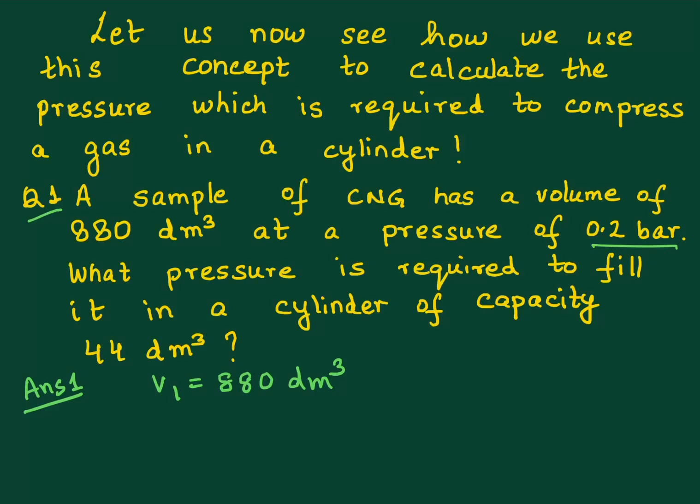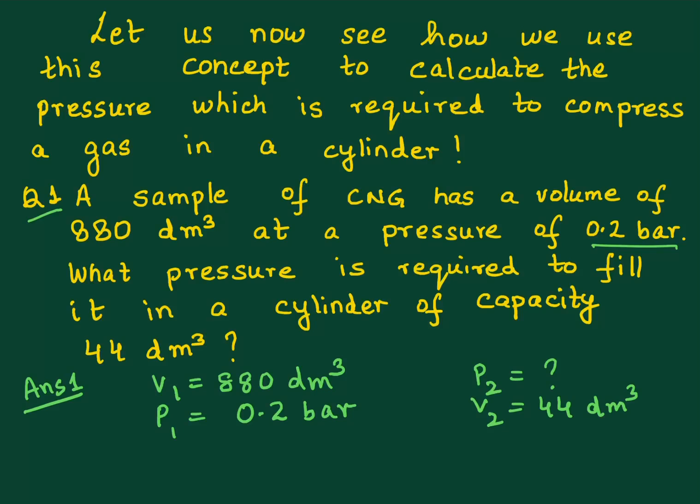At a pressure of 0.2 bar, that means the pressure at which the gas is occupying 880 decimeter cube is 0.2 bar. Now, what do I have to find out? What pressure is required to fill it in a cylinder of capacity 44 decimeter cube? Yes, I have to find out the pressure at which the volume of the gas is 44 decimeter cube.